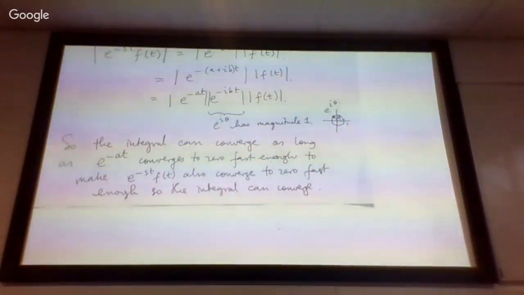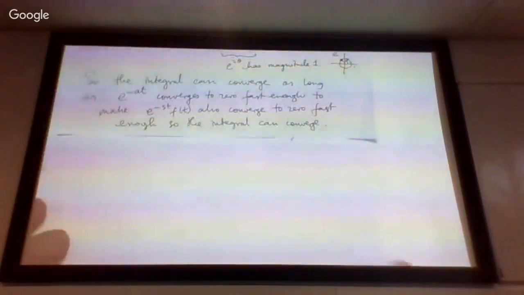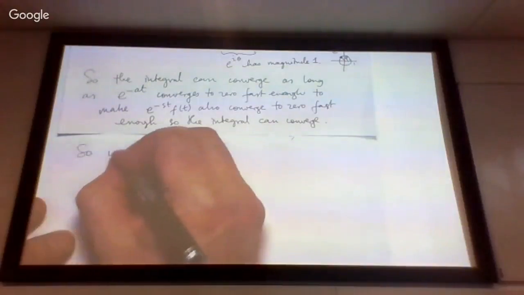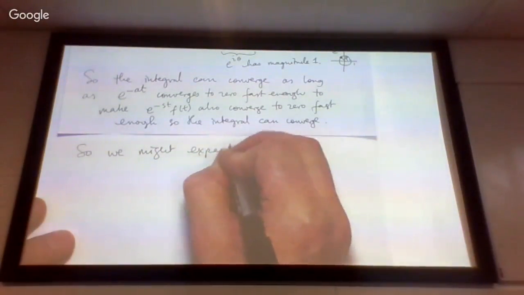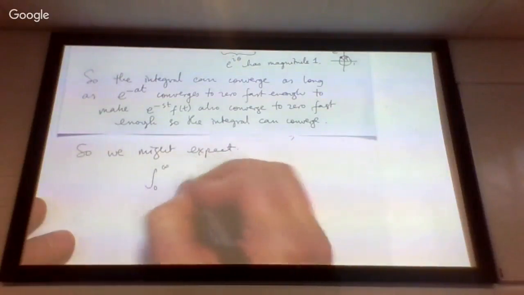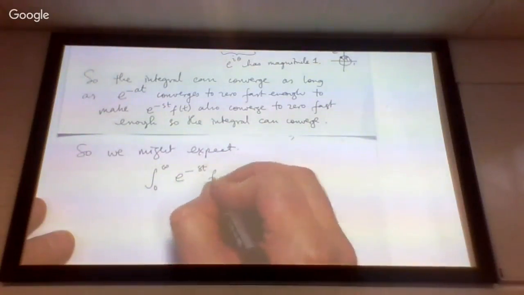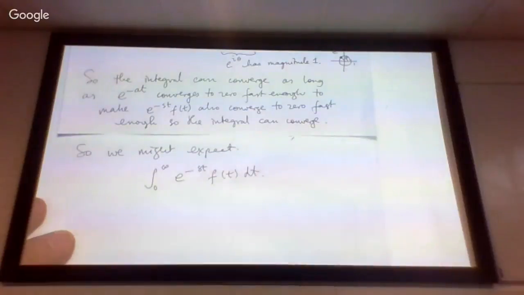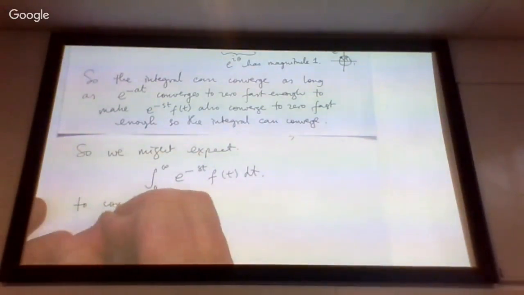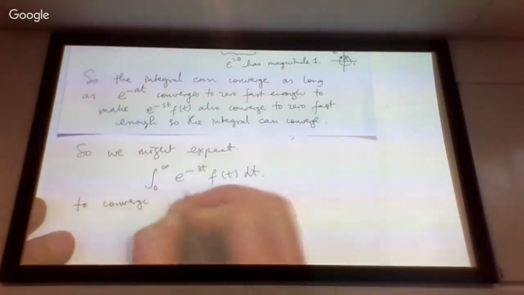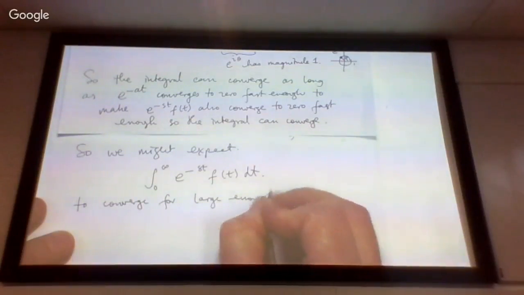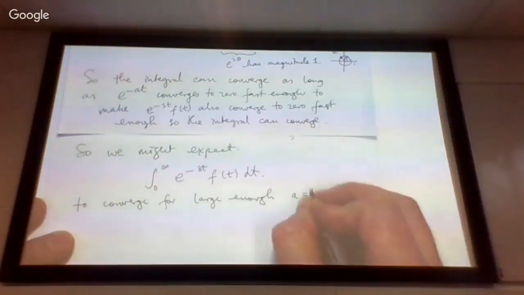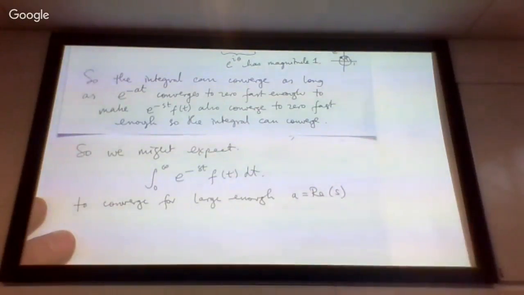So we might expect, in general, the Laplace transform, e to the minus st f of t dt, this integral, to converge for a large enough a, which is equal to the real part of s.